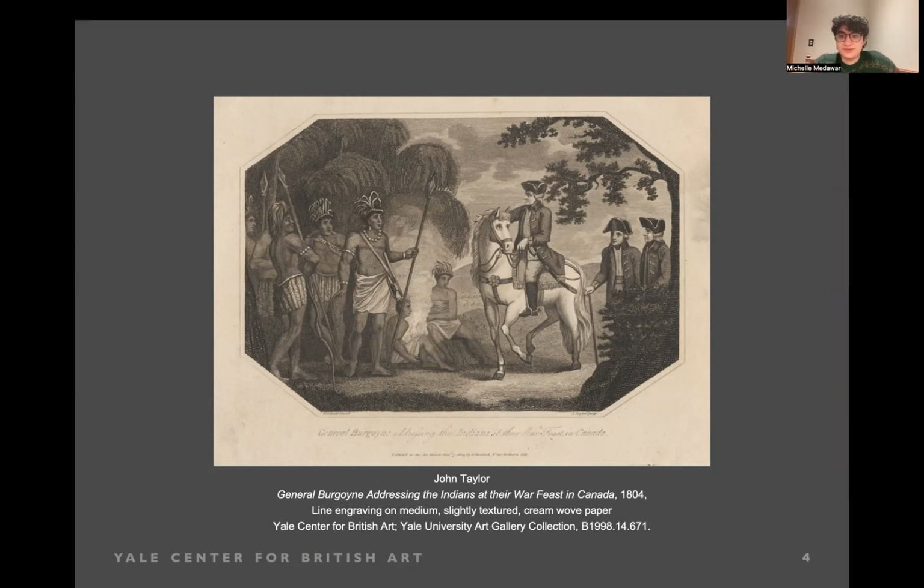So in this image, we see a very traditional juxtaposition of European and indigenous contact, where you have these British figures in their full uniforms, riding on horses, very regal, upright, and then you have indigenous people that are naked, depicted as primitive. You know, they're wearing headdresses.